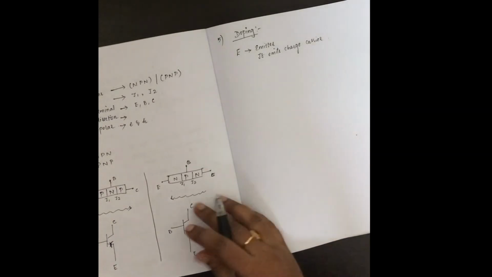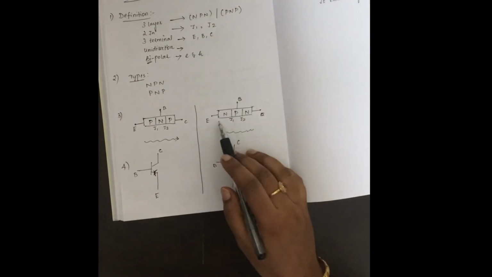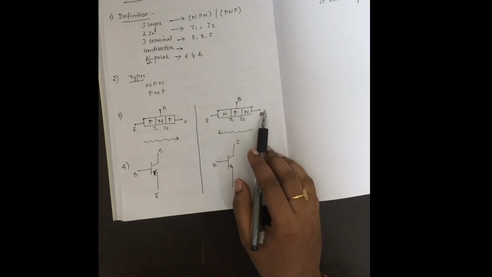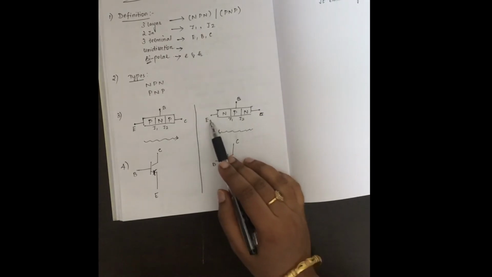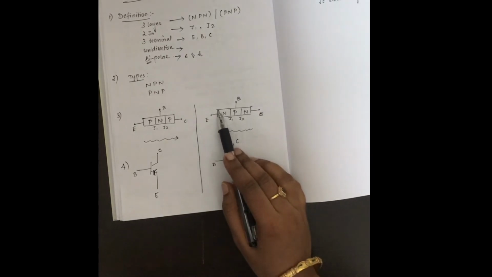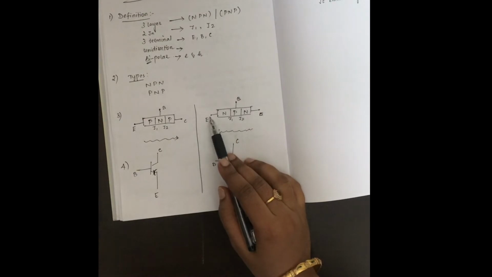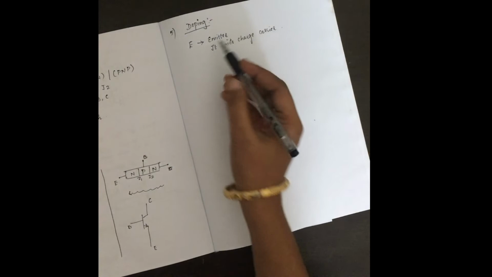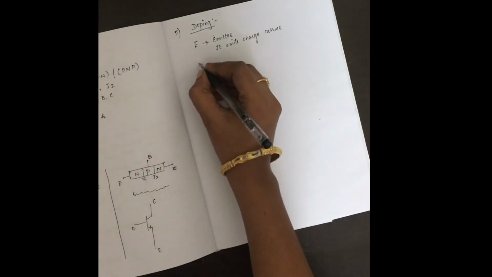That charge gets emitted from emitter to collector by this emitter. Whatever charge carriers are produced, it emits those to the collector. That's why it is called emitter.